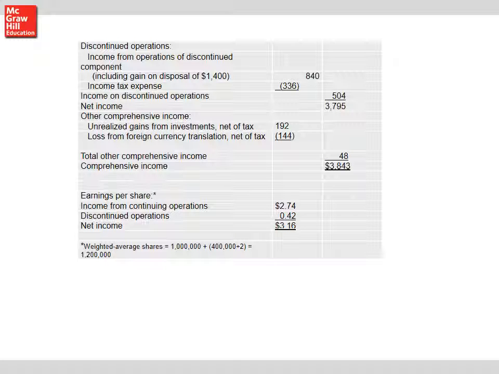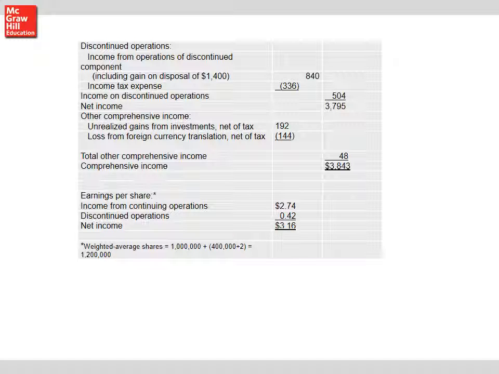So we have to weight that as if it was there for the entire year. So 400,000 divided by 2, since it was only there for half a year, would be as if it was 200,000 for the entire year. So the weighted average common shares would be 1.2 million we would use in our denominator.